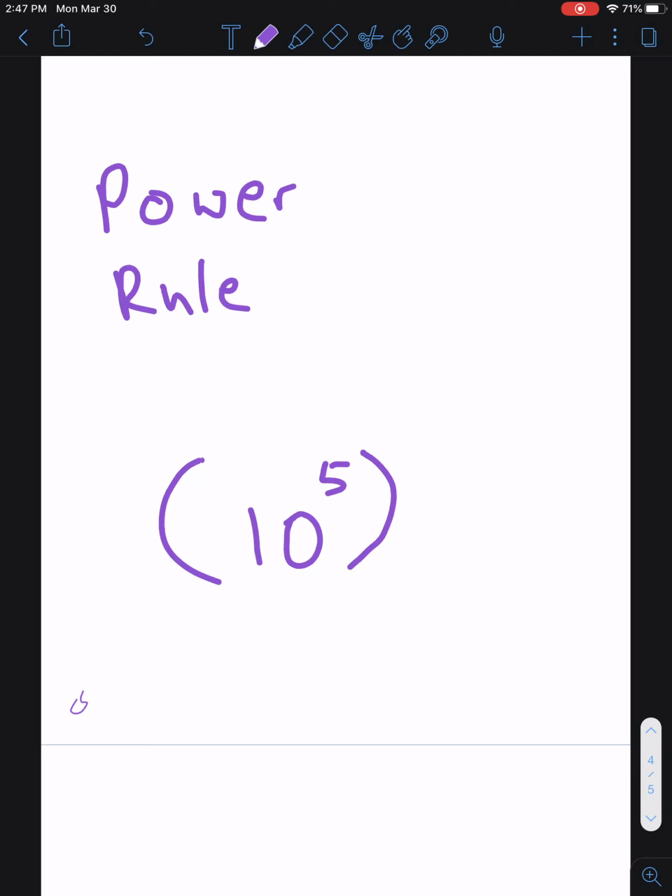So if we have 10 to the 5th power to the 3rd power, all we're going to do is multiply 5 times 3. We're going to multiply those two exponents to get 10 to the 15th.